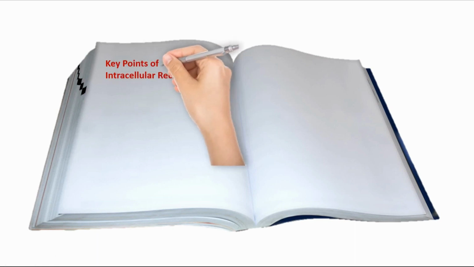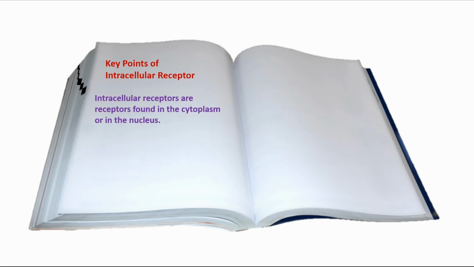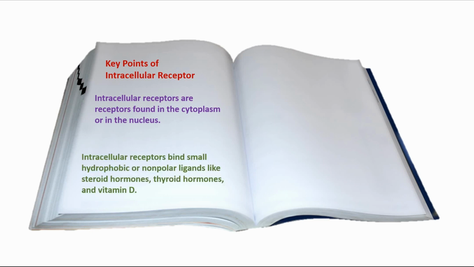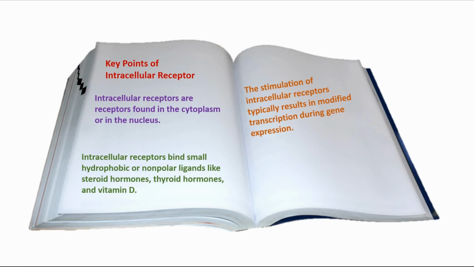Key points of intracellular receptor. Intracellular receptors are receptors found in the cytoplasm or in the nucleus. Intracellular receptors bind small hydrophobic or nonpolar ligands like steroid hormones, thyroid hormones, and vitamin D. The stimulation of intracellular receptors typically results in modified transcription during gene expression.